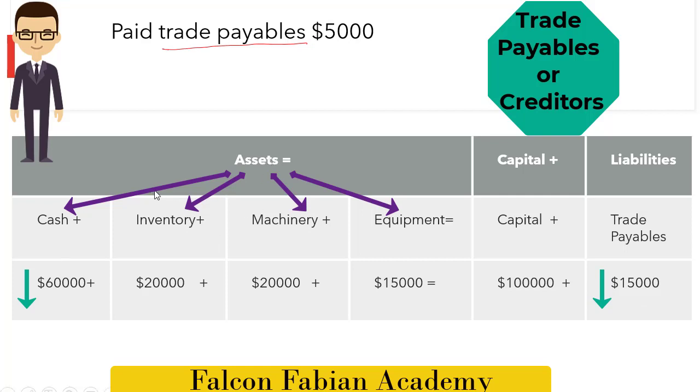So my accounting equation is cash 60,000, which has gone down by 5,000, inventory 20,000, machinery 20,000, equipment 15,000. Now the total of this is equal to capital, which is 100,000, and trade payables, which is 15,000. So this is 115,000 and this is also 115,000.